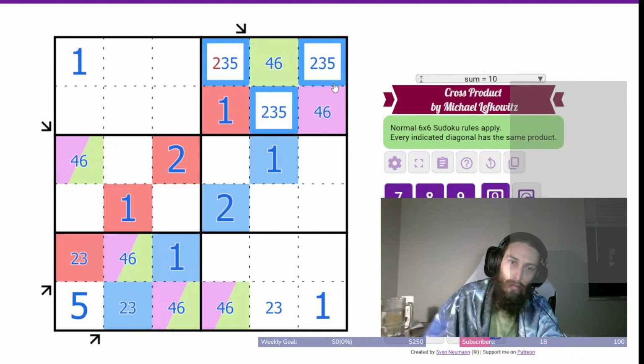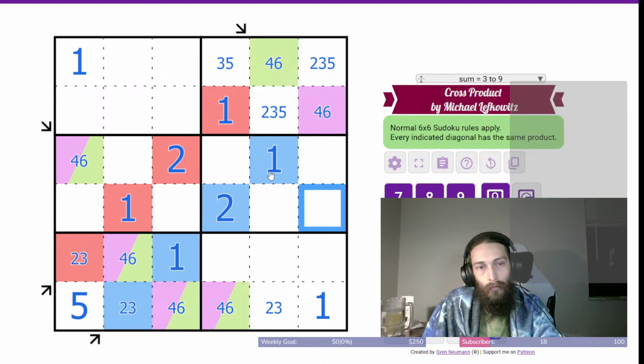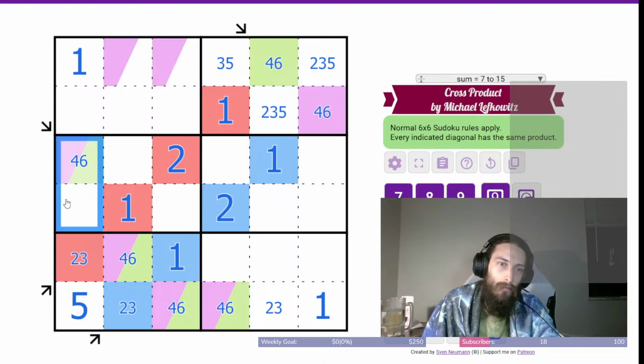Well, in box 1, purple's on the top, which is going to combine with purple down here to make purple on the side.